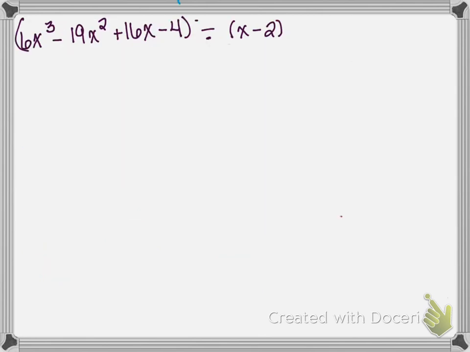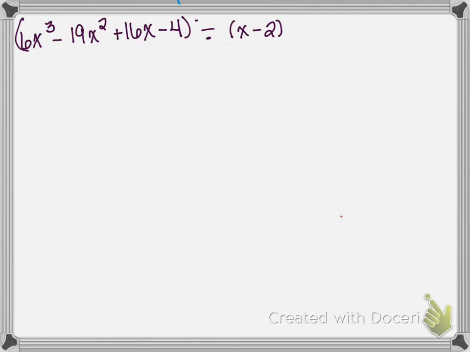Let's do another one. I have 6x to the third minus 19x squared plus 16x minus 4. I am dividing that by x minus 2.